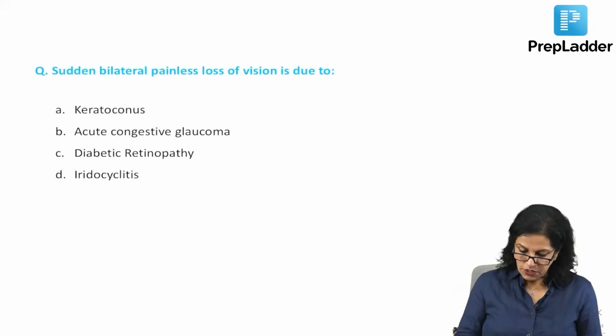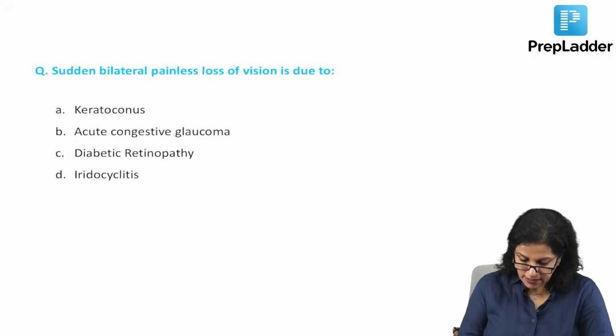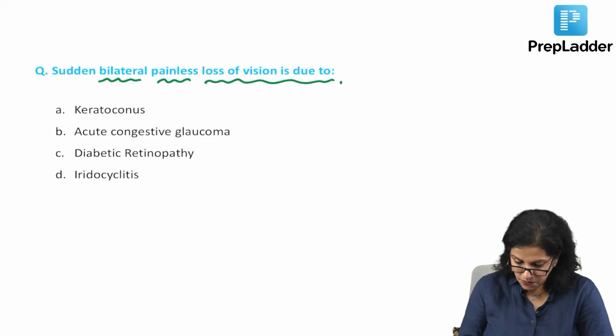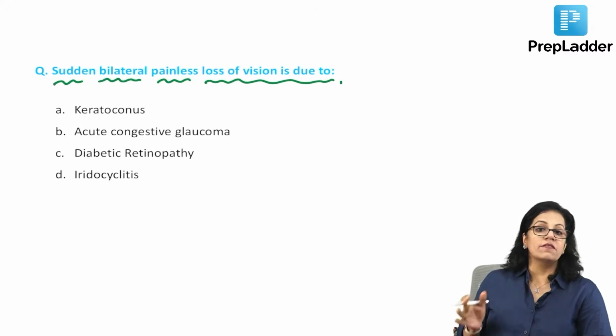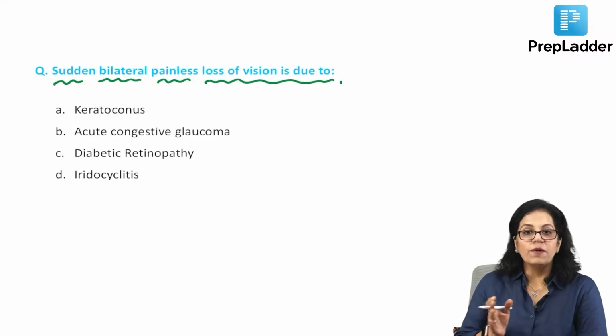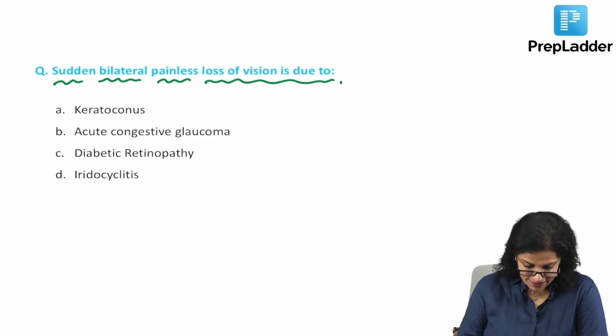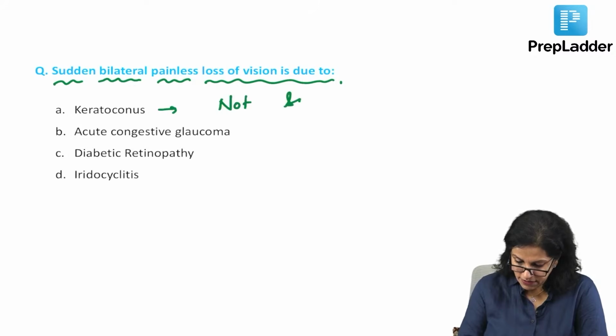We come to the next question. It says sudden but bilateral painless loss of vision is due to. Now, these are the options in front of us. What should we answer? Tell me. So, if it is keratoconus, it cannot be sudden. Keratoconus is not sudden, first of all.